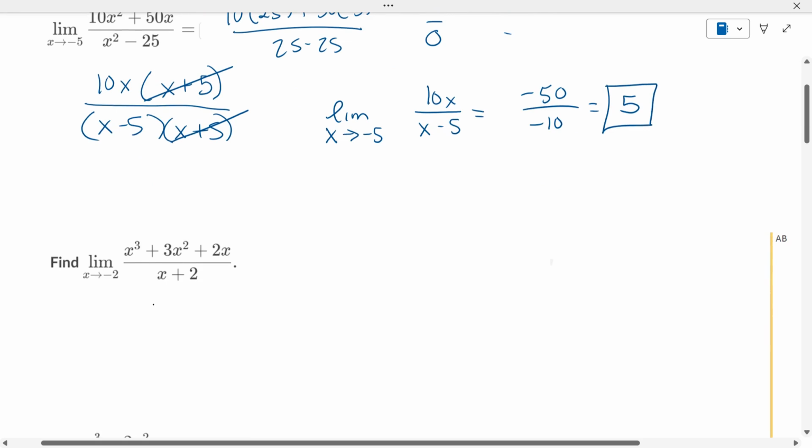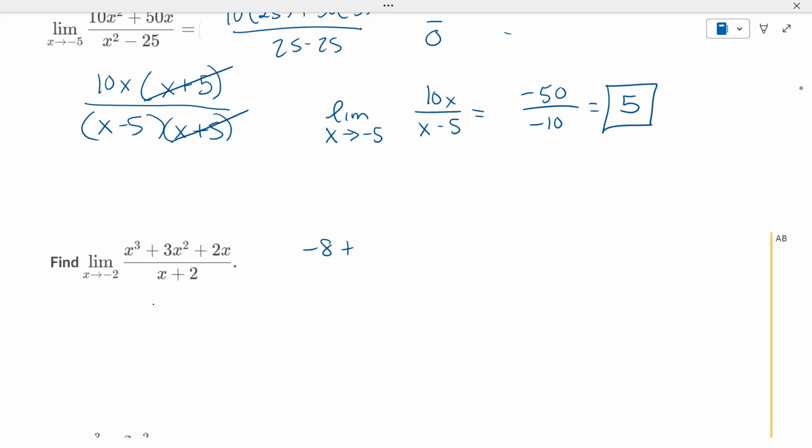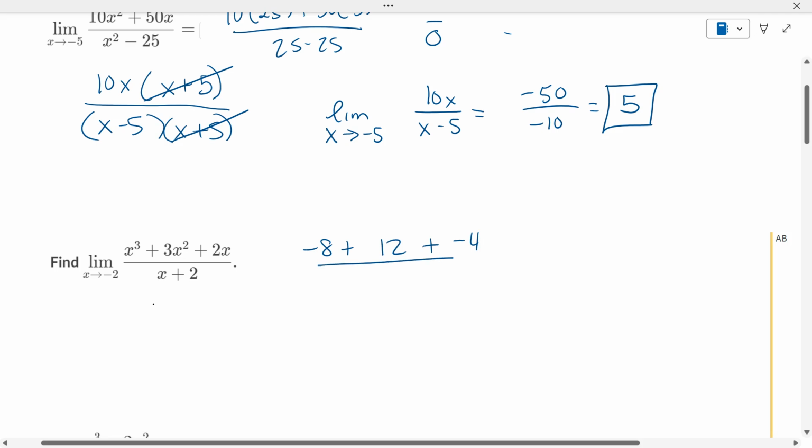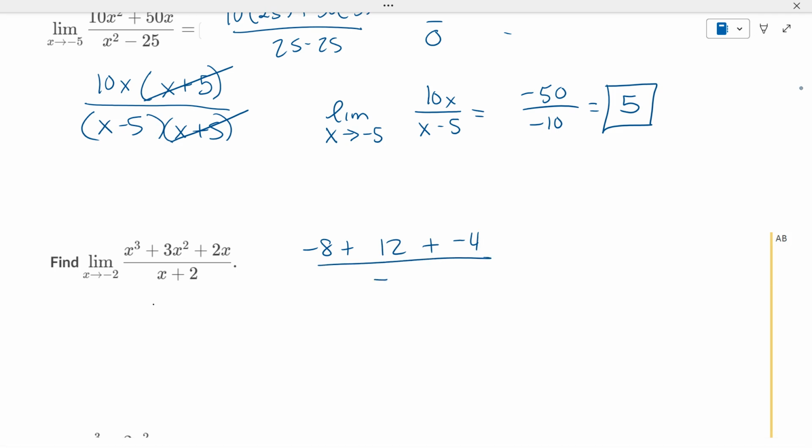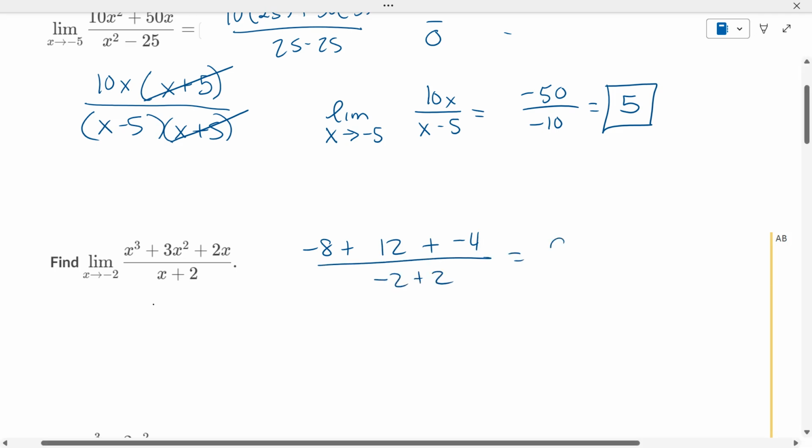Okay? So if we stick a -2 in here, we get -8 plus a +12 plus a -4 over -2 plus 2, which is 0 over 0 indeterminate form, correct? So we factor the top. Factor out an x first.